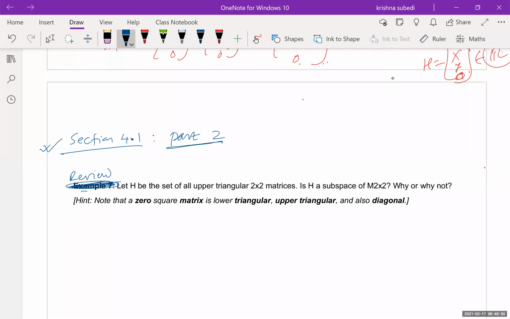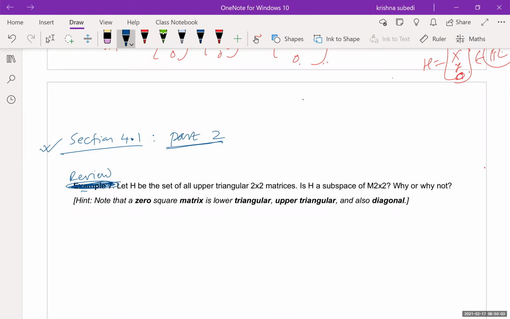We found that any space that satisfies those 3 conditions automatically satisfies all the other conditions. That's why we came up with the definition of a vector subspace. A vector subspace is a vector space inside some bigger vector space which satisfies those 3 conditions.